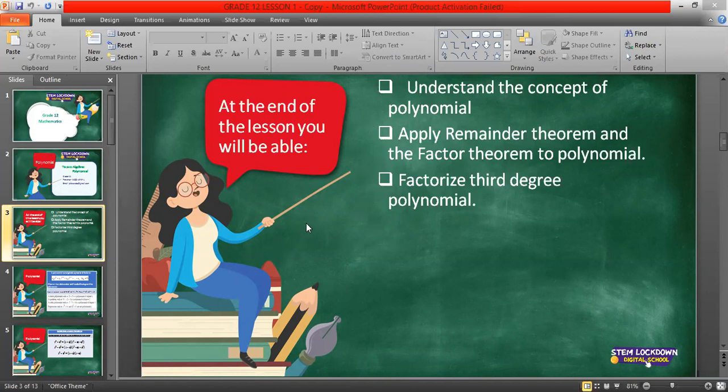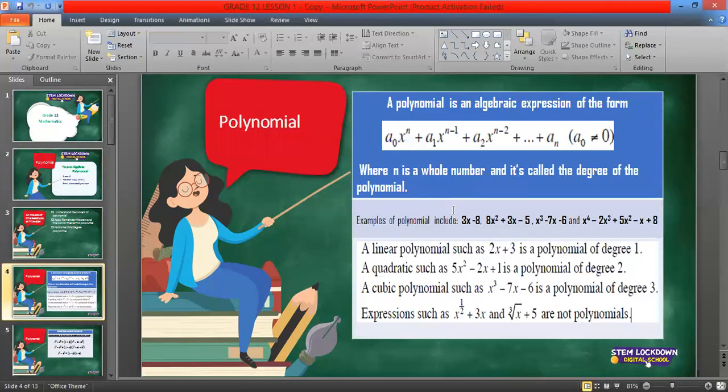So we start off by first of all seeing what a polynomial actually is all about. A polynomial is an algebraic expression of this form.